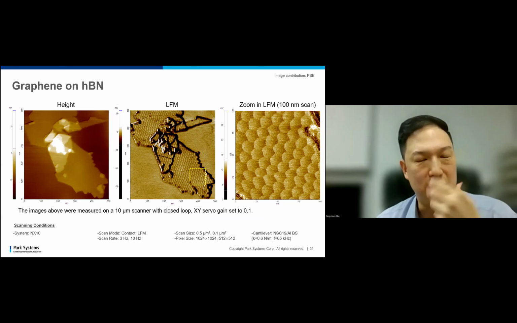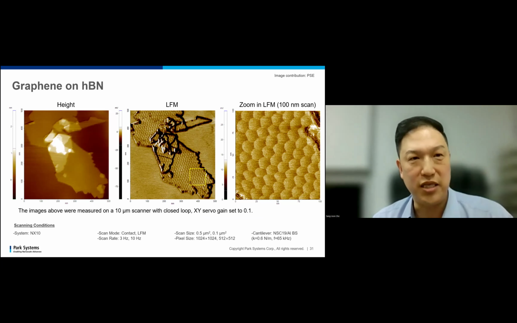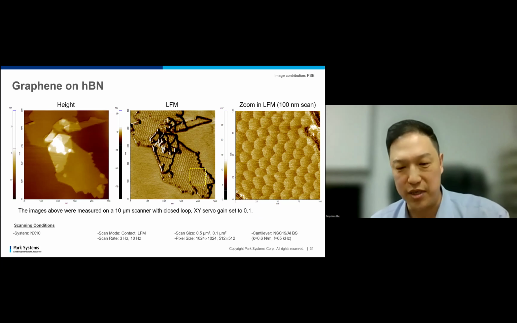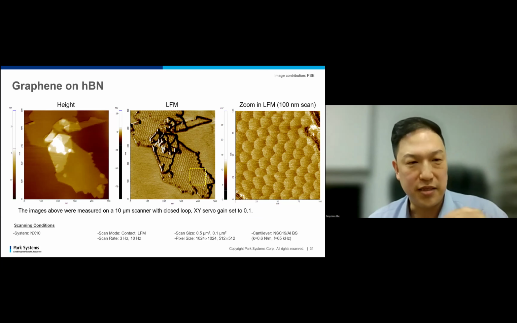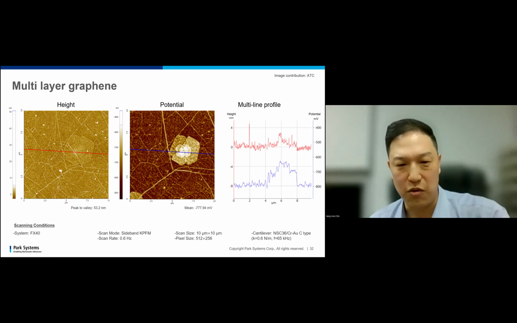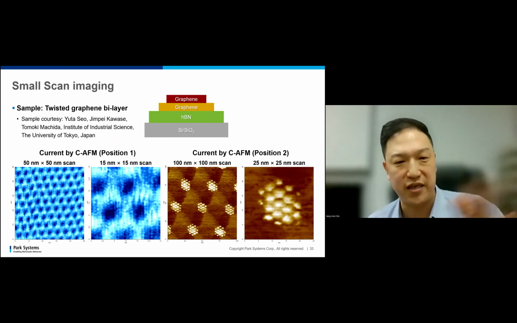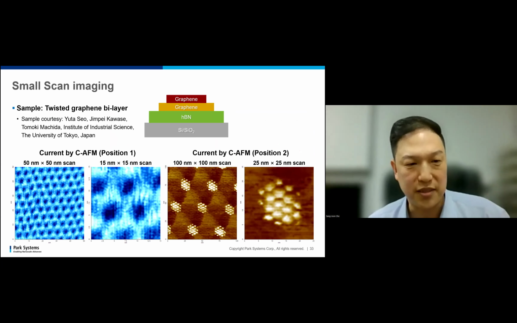And this is a new slide I just put in while listening to Dr. Rossman's presentation. This is graphene and hBN, and you can zoom in and see the structures. This is multilayer graphene, and you can image height and also potentials. This is a 10 micrometer scan, but recently we are also measuring graphene to see the Moiré patterns.